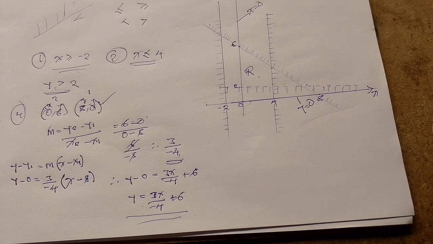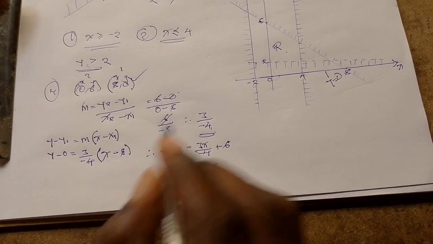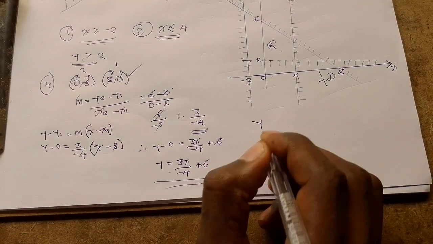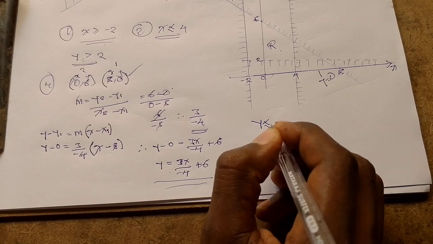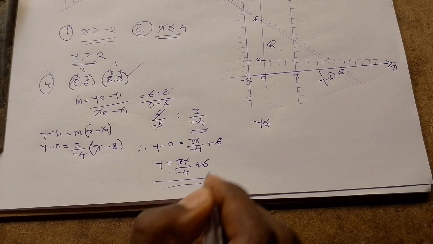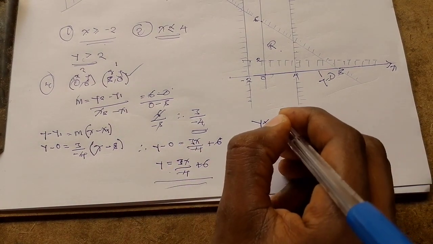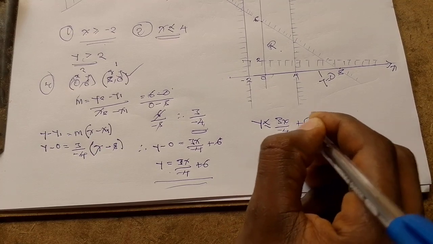So now in our final answer we can say y is less than or equal to, because they have shaded on the greater part, so less than or equal to, then you write this part: 3x over -4 plus 6.